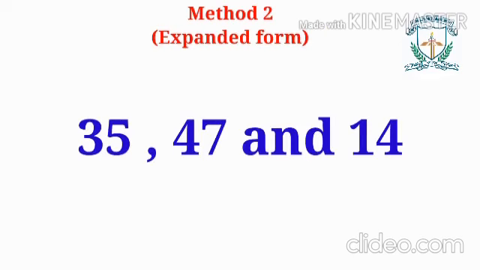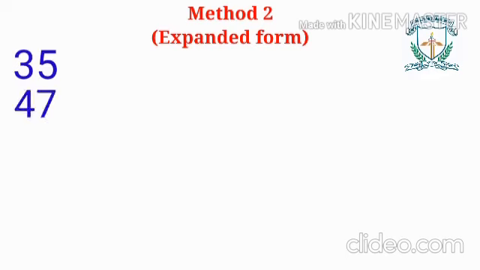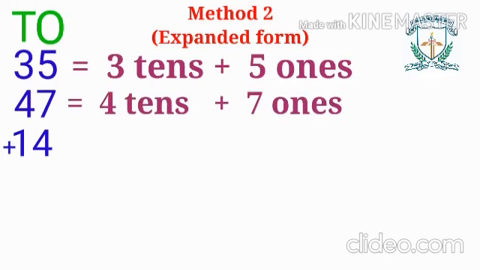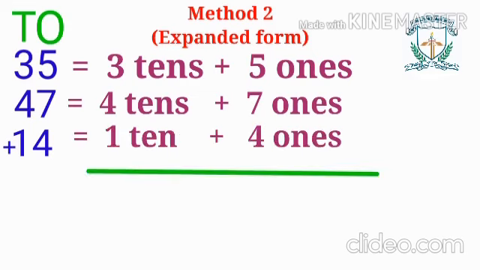In this method, first we are writing each number one below the other, that is 35, 47 and 14, in tens and ones or in expanded form like this. 35 is equal to 3 tens plus 5 ones. 47 is equal to 4 tens plus 7 ones. And 14 is equal to 1 ten plus 4 ones.